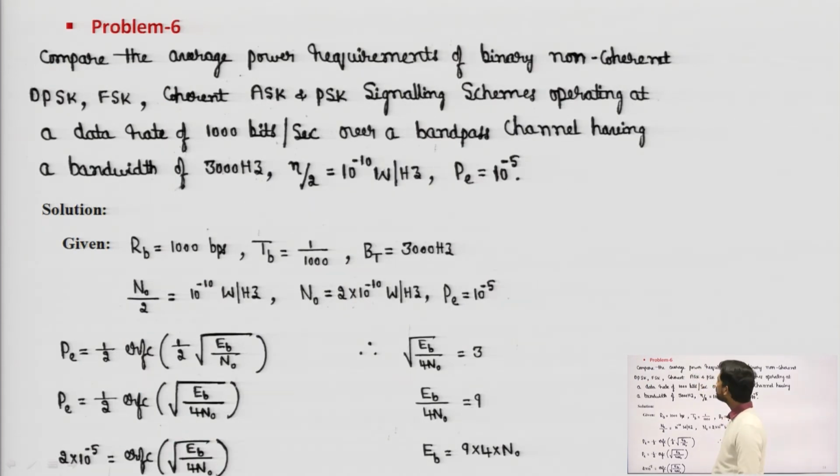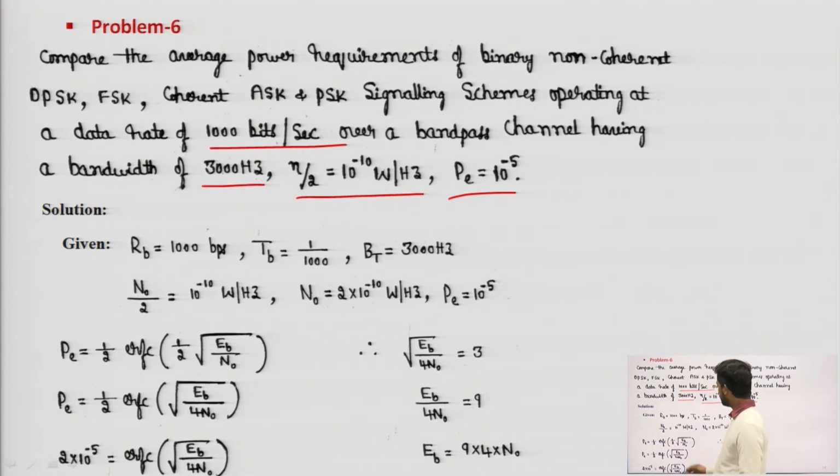Similarly, compare the average power requirements of binary non-coherent DPSK, FSK, coherent ASK and PSK signal schemes operating at a data rate of 1000 bits per second over a bandpass channel having a bandwidth of this much, with this noise power spectral density and this probability of error.